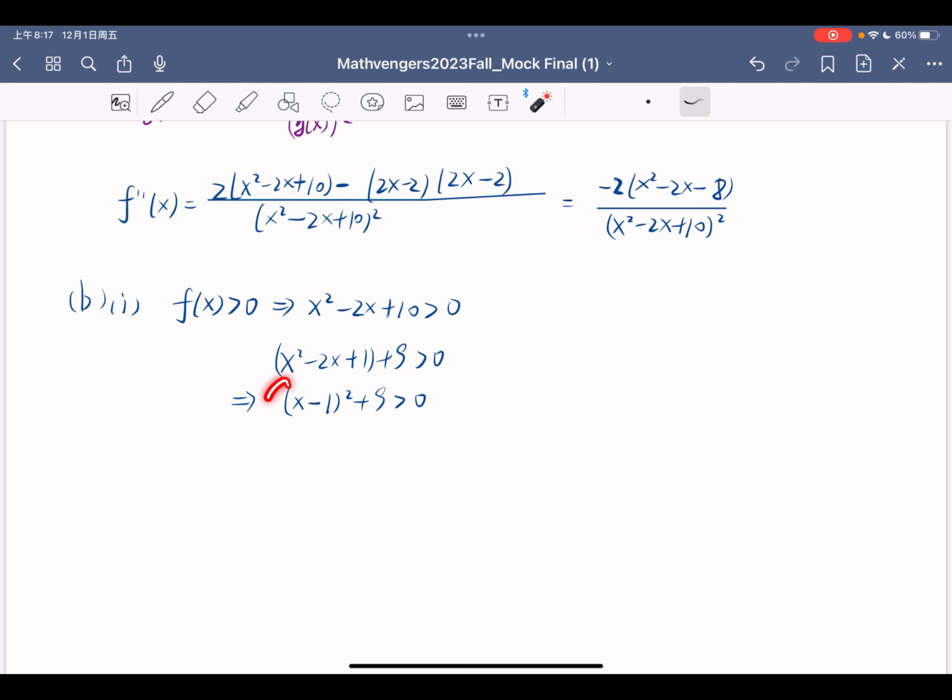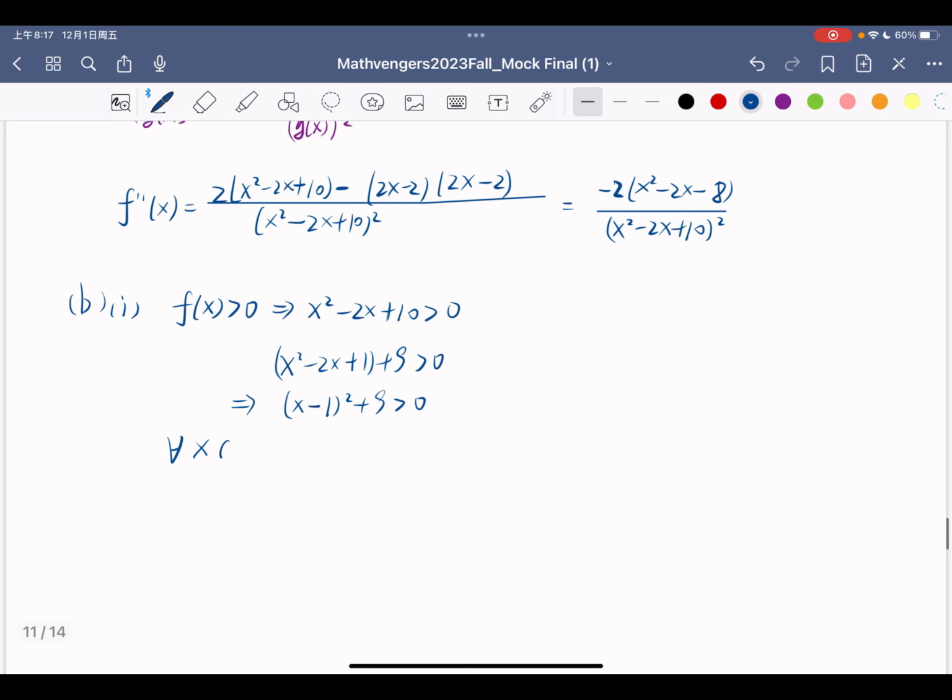You can see here is a square, and a square is always non-negative, so it's greater than or equal to 0, and we have plus 9. So this expression is greater than or equal to 9, and so it's definitely greater than 0. So you write that for all x belonging to R, it is true that f(x) is greater than 0.